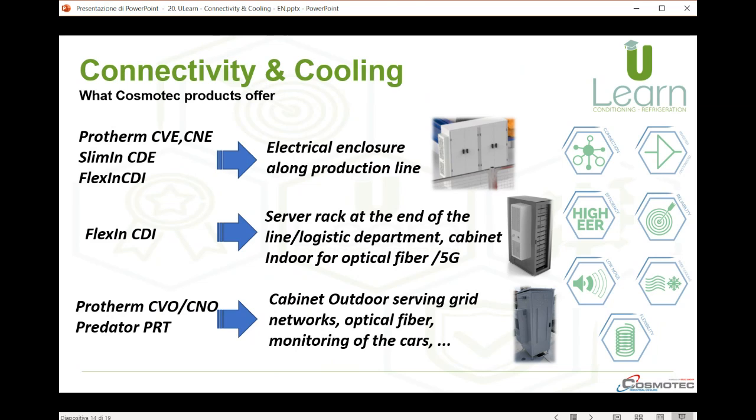Moreover, the Flexin CDI is particularly suitable for the cooling of the server at the end of the line in the logistic department, or indoor cabinet for the management of the optical fiber 5G, thanks to modulation of the cooling capacity according to the real heat load. At the end, ProTherm CVO, CNO, and Predator PRT for installation on the outdoor cabinet for the service of the grid net, optical fiber, monitoring of the cars, and so on.